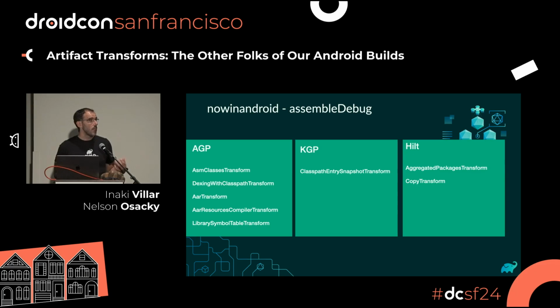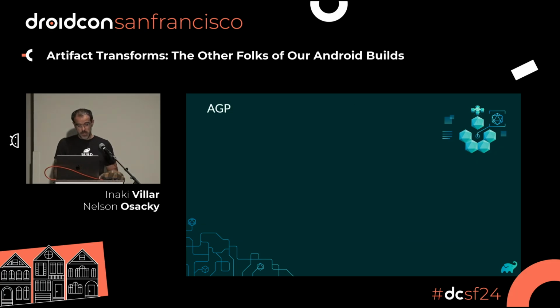So where do those transforms come from? Well, from the main actors of our Android build: the Android Gradle plugin, Nelson mentioned before the Dex transform, Jetify transform, Kotlin Gradle plugin, and additional plugins like Hilt. Let's start with the Android Gradle plugin. I would say that the Android Gradle plugin is the Gradle component with the most usage of artifact transforms. And honestly, I think that the term artifact transform in Gradle comes because Android requested that.